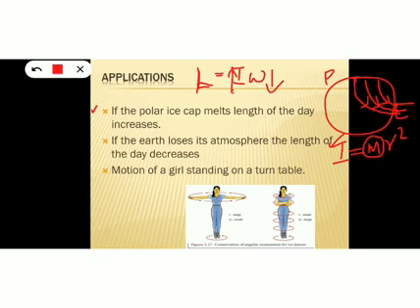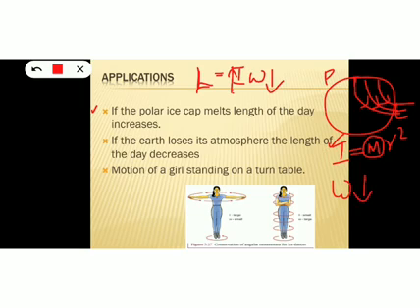So here, when the polar ice cap melts, water will flow from the polar region to the equatorial region, which increases the moment of inertia. If moment of inertia increases, consequently omega, the angular velocity, should decrease in order to keep the angular momentum of the Earth constant. So if omega decreases, what does it mean? The rotational speed of the Earth decreases.